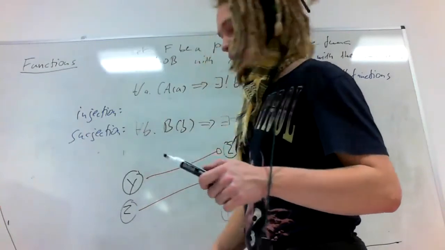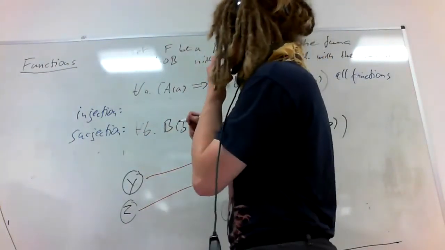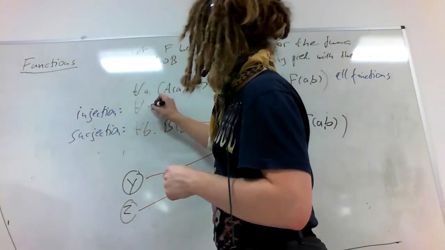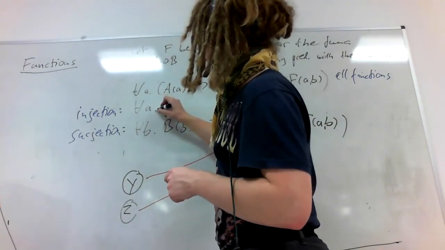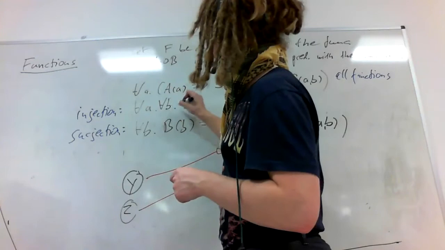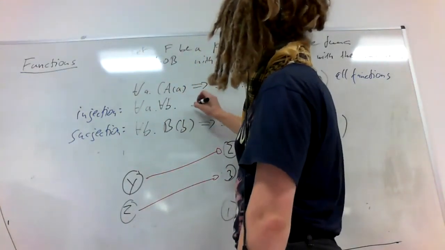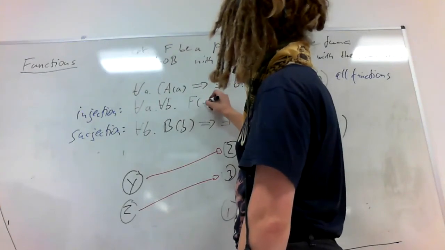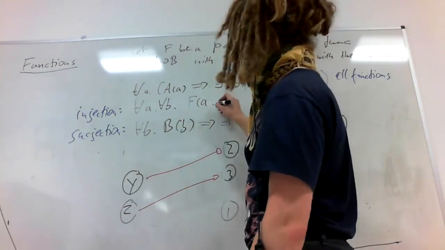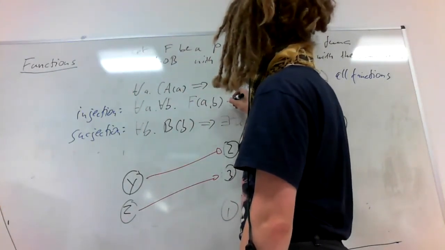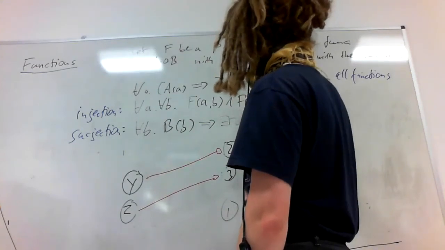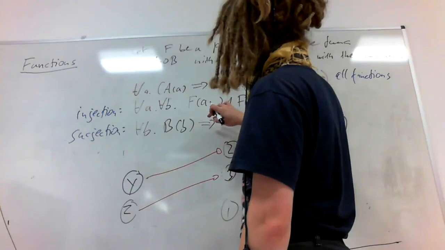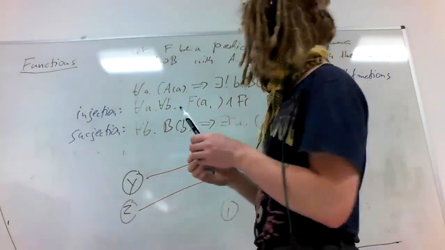So essentially what injection says, if we have two input values, so for all A and for all B, if they both map to the same value, which is what we want to avoid, f of A and f of... oops, not AB. Wait, forgot the types also.